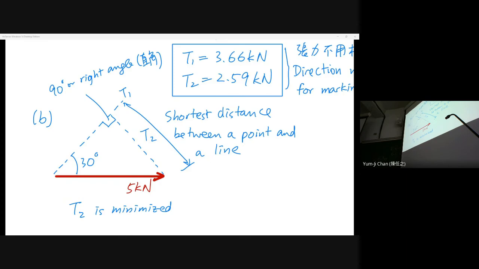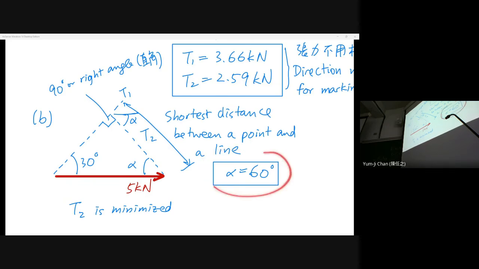Oh, sorry, before I go on, the question asks for the value of alpha. So what's the value of alpha here? Alpha is equal to 60 degrees. Because the question asks us to determine alpha, you need to write alpha.